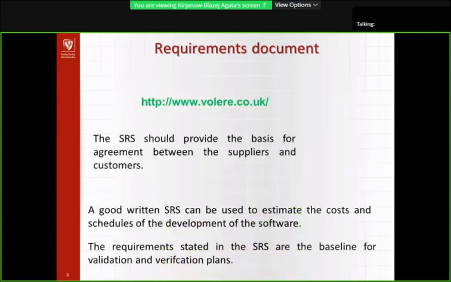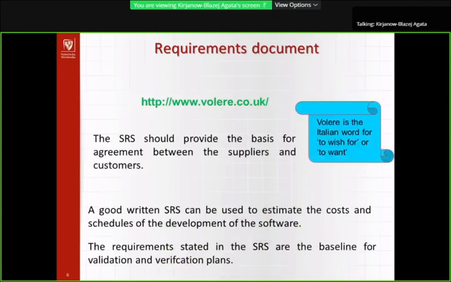The good way to start writing SRS is to follow the Volere requirements specification developed by Susan and James Robertson. And here you see the link to their website. This standard describes what should be in the SRS and which rules the writer should obey to end up with a good quality specification.